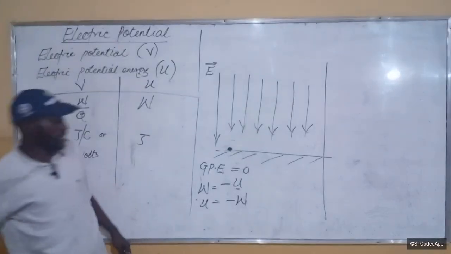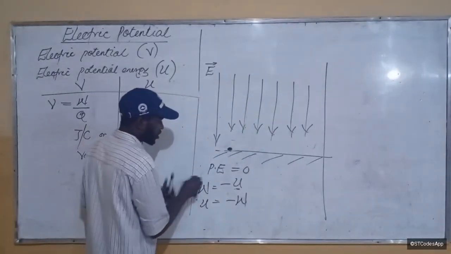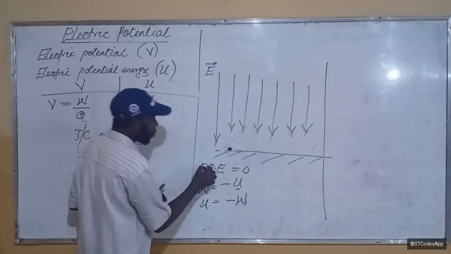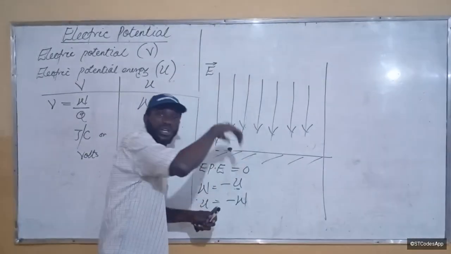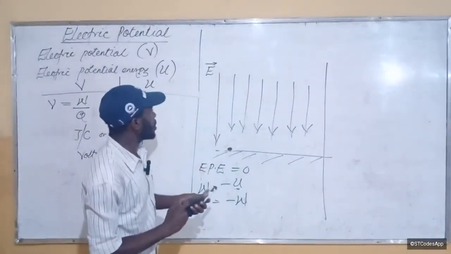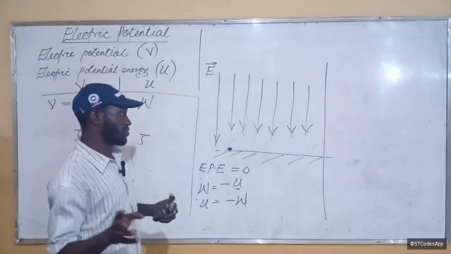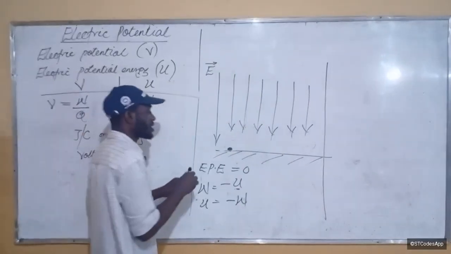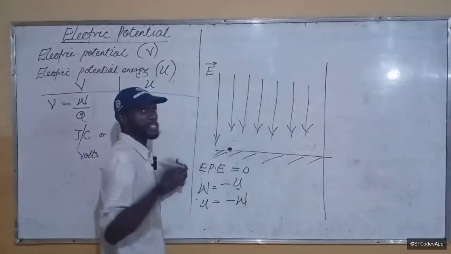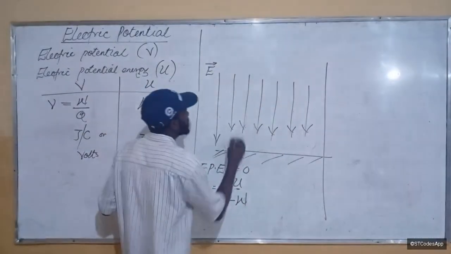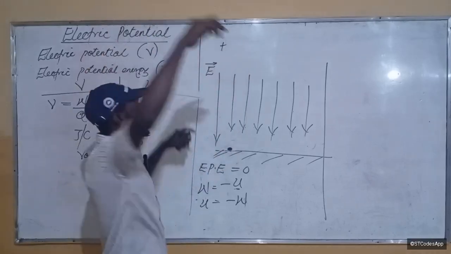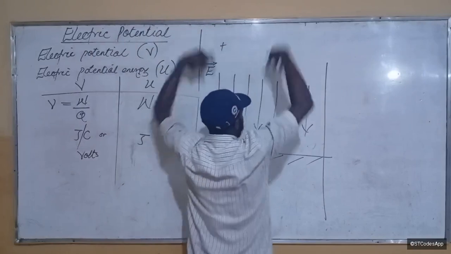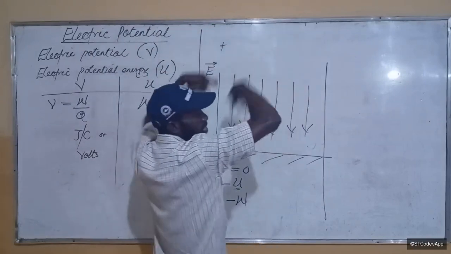So in this case, we'll be talking about electric potential energy. Oh, sorry, I didn't even talk about that first. This depends on the charge of the body. So let's say this electric field is from a positive point charge somewhere, sending the electric field in this direction.